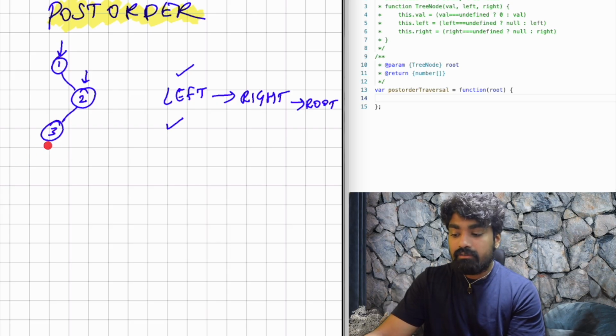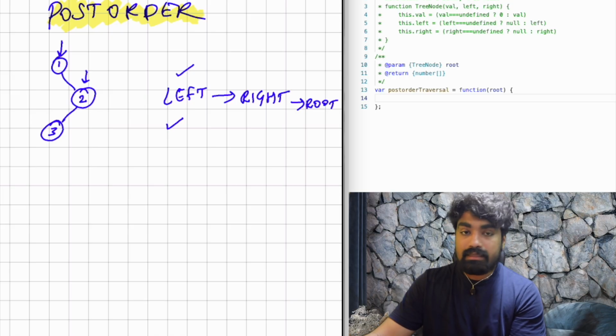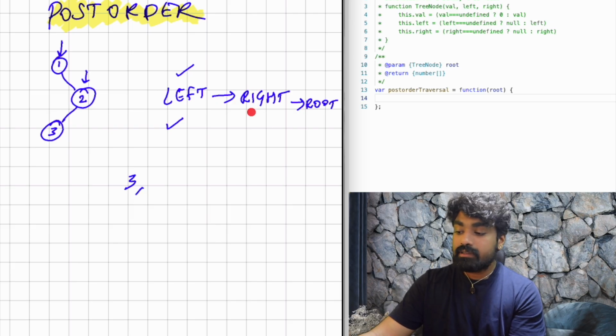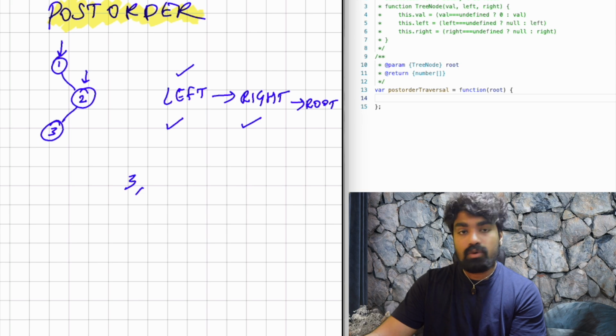So this we just pick up, and the order now becomes 3. After which we will see if there is a right node. The right node doesn't exist. And after that, we have to go to the root. So in this case, after going to the right node that doesn't exist, the root is 2. So the next node in the sequence is going to be 2 because we covered the root part of it.